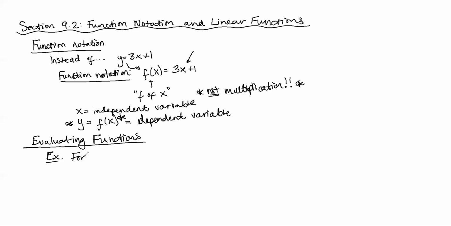For this one, we're told f of x equals 6x minus 2, and we're going to find a couple different things. First one is we're going to find f of 0. If you notice, we have replaced the x that's usually on the inside of the parentheses with a 0.